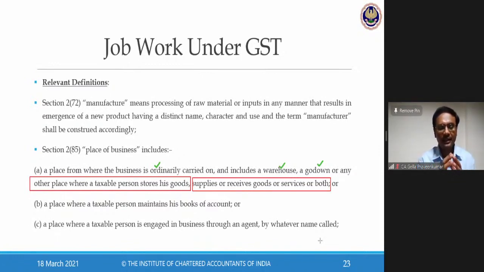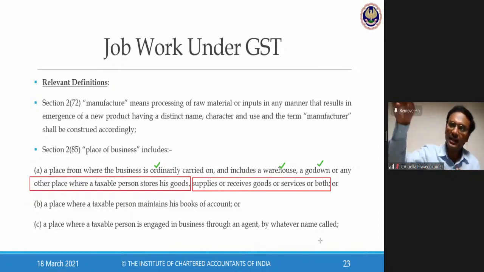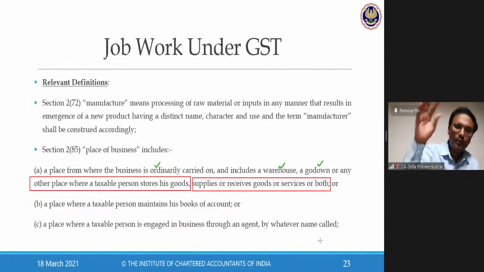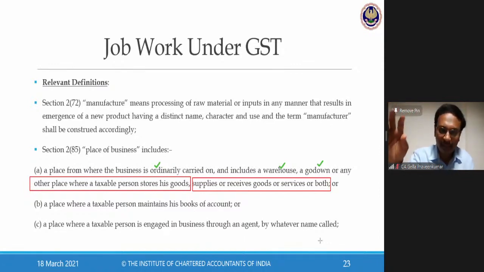Now, assuming you want to do a business activity, like there is one job worker premises, you want to import material, get it processed and send it to the customer. You could be a trader, you could be a wholesale dealer, you don't have any square feet other than a simple, say, 10 by 10 square feet office. You will do crores of rupees of business in that 10 by 10 square feet.